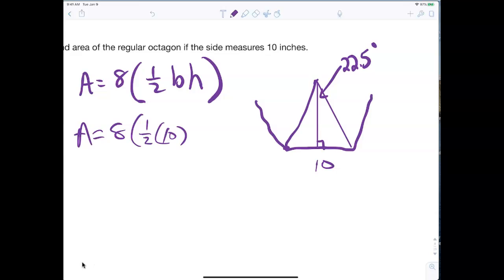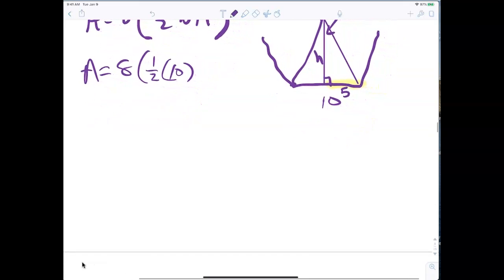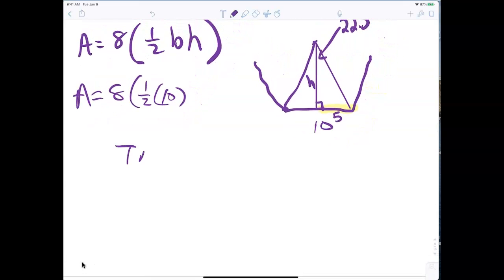So now I'm asking you about this right here. What is this side right here? 5. I need the height. So somebody tell me, tangent of 22.5 is equal to 5 over h.